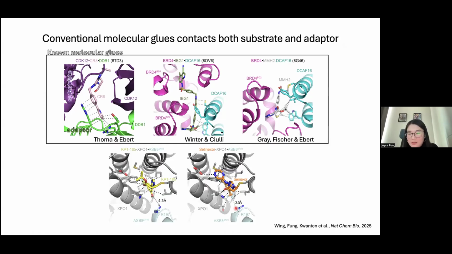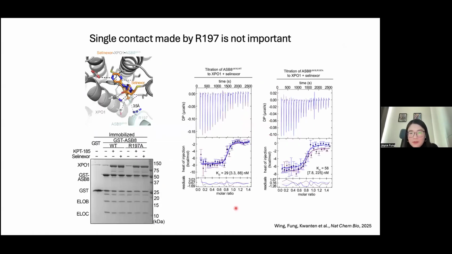So is this contact important? The first thing that most people would do is to mutate that arginine to alanine, and that is what we did as well. We mutated it to alanine, and we saw that it does not affect pull down, and it does not affect the ITC affinity as well. Casey measured it; they're fairly comparable.